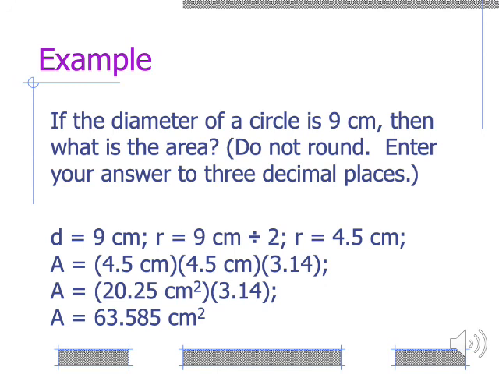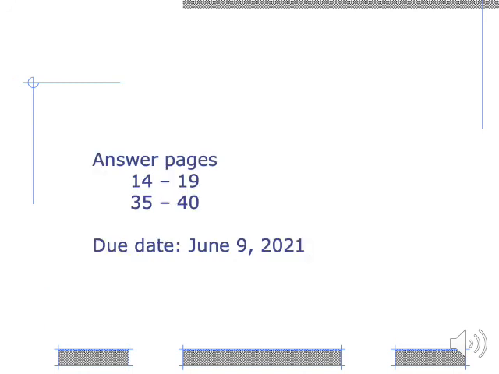So area is pi r squared, that's 4.5 squared times pi, 3.14, which is equal to 63.585 centimeters squared.